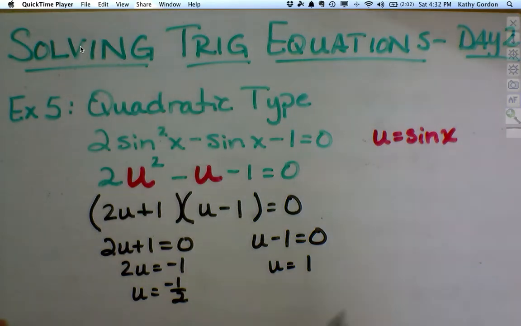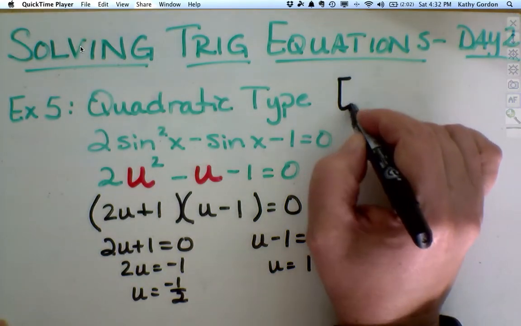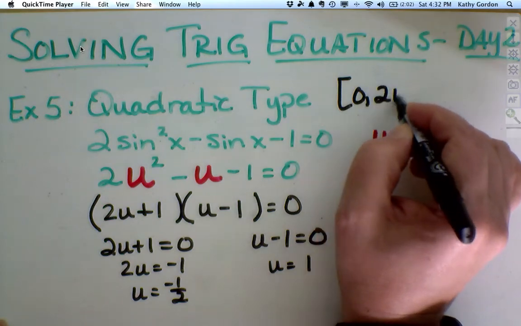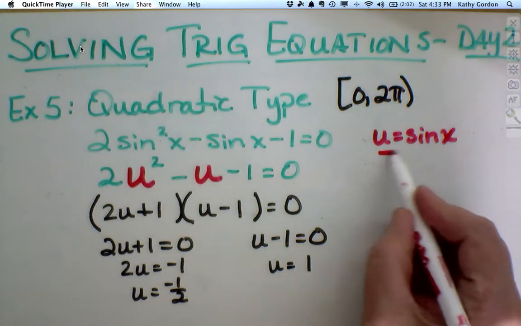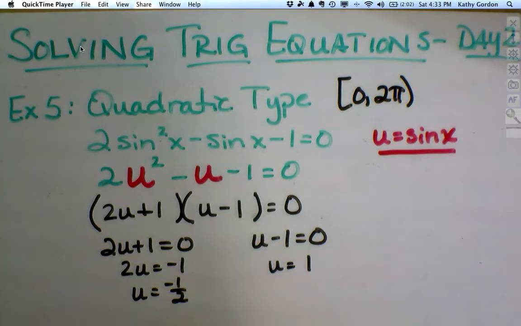And just for the sake of simplicity, let's go ahead and limit this from 0 to 2 pi when we're trying to find our answers. Okay? So I've solved for u now, but this did not originally ask me to solve for u. This asked me to solve for x. So now I need to put my sine of x back in for u.